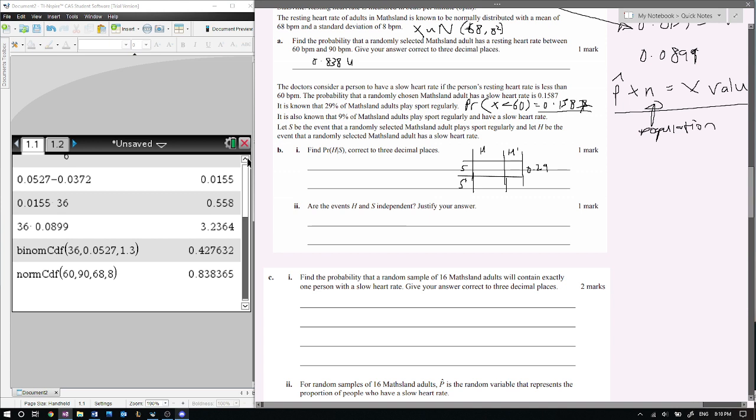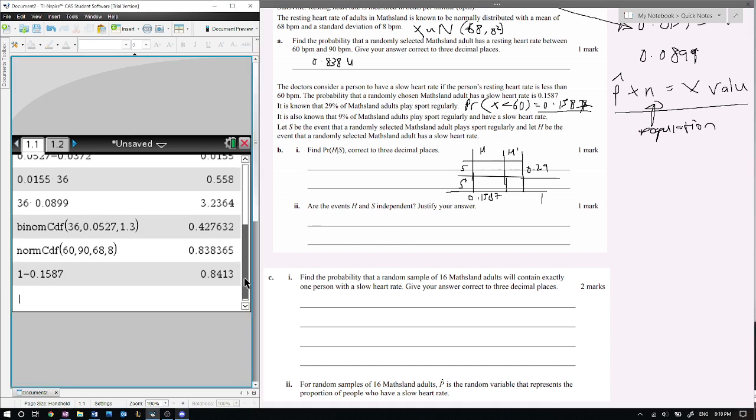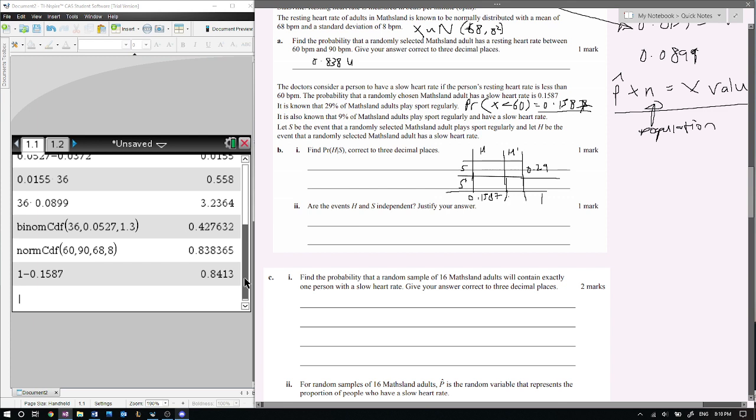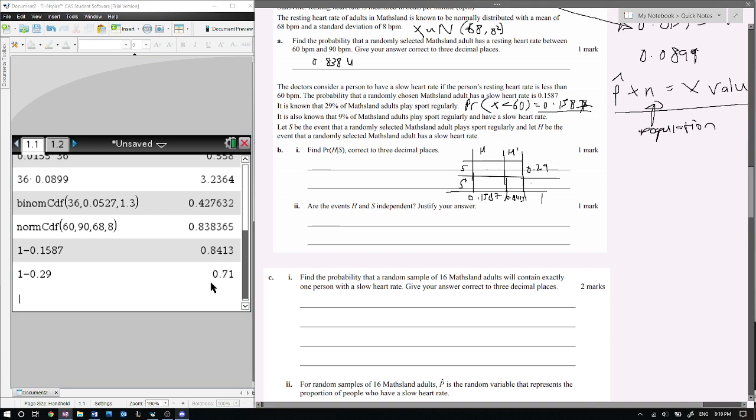P(X is smaller than 60) is equal to this, so H is equal to 0.1587. And obviously all my probabilities will add up to 1, so I can deduce from that this and this, so just do 1 minus. That would equal 0.8413, and the other probability is 0.71. And from that we can determine the squares inside of the table.